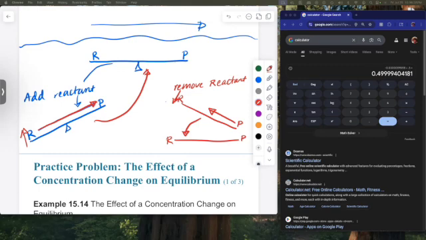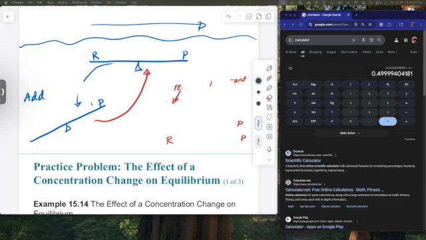And that's true for product also, okay? So if you add product, let me remove the arrows here, because now the arrows don't apply, right? Let me just erase all of this.